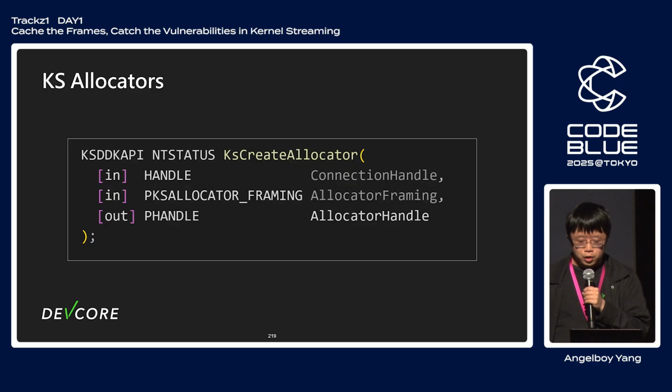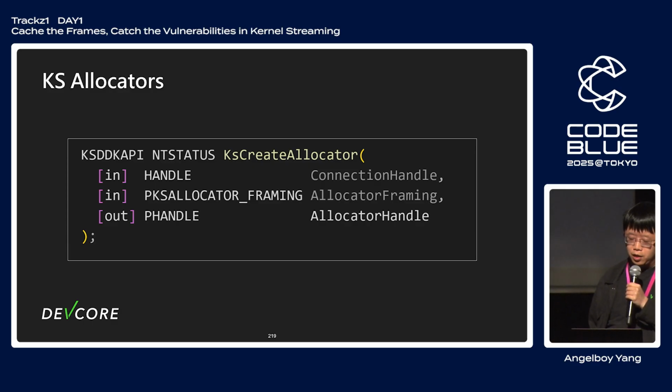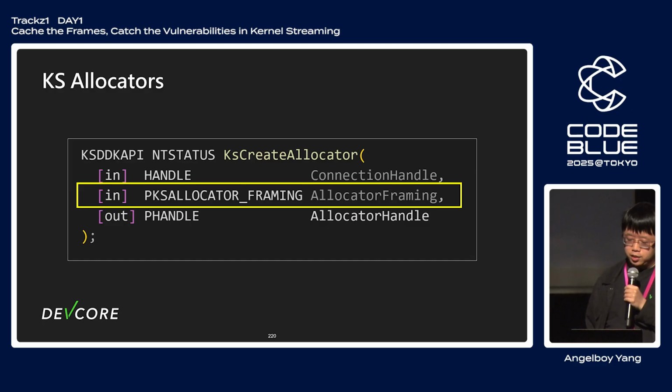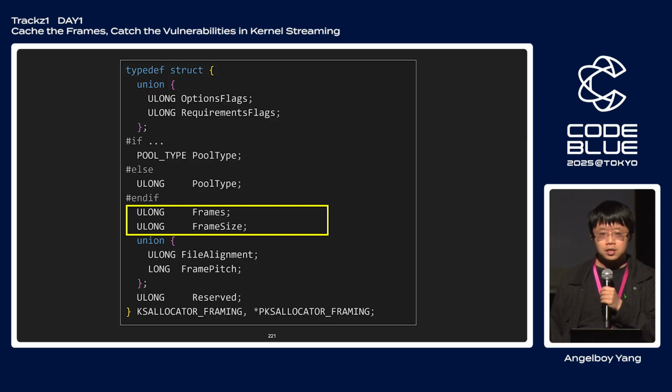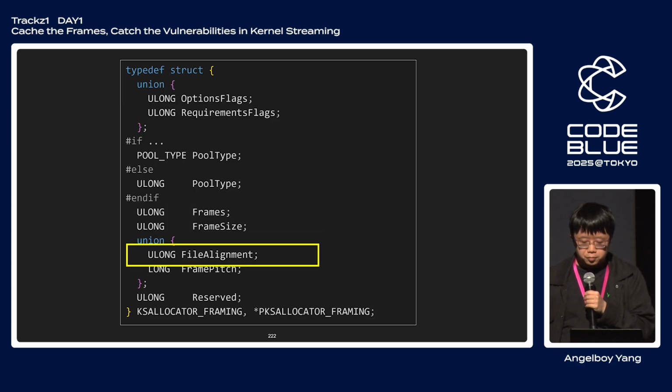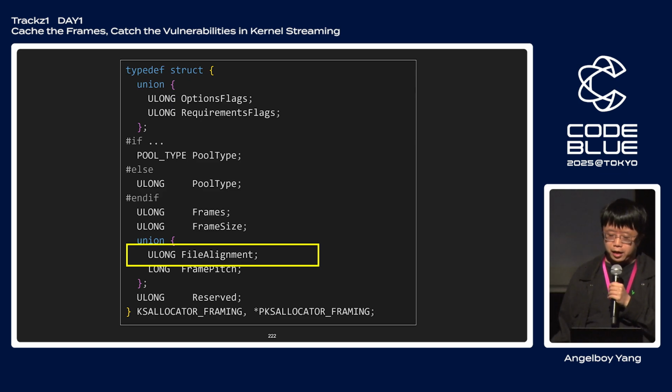In general, you can create an allocator using the KsCreateAllocator API, and configure it using a structure called KSALLOCATOR_FRAMING, such as the number of frame buffers and the size of each buffer. You can also specify the alignment for each frame buffer. In fact, we need to provide an alignment mask for it.